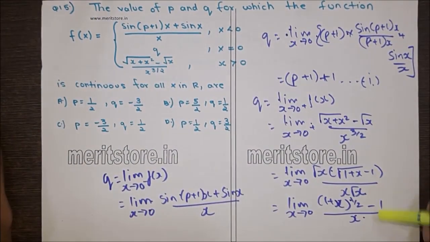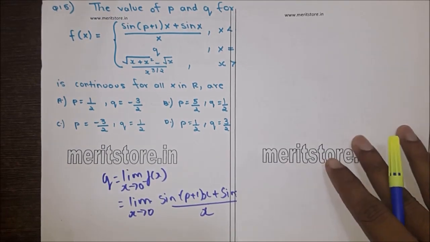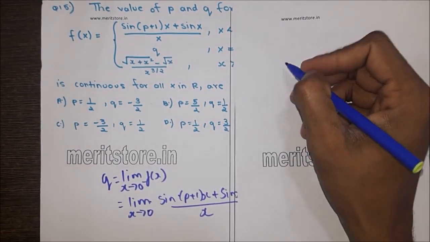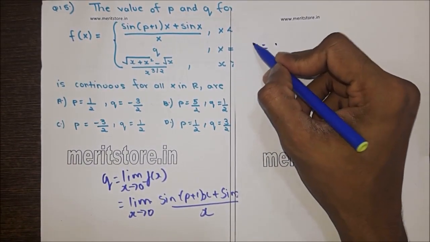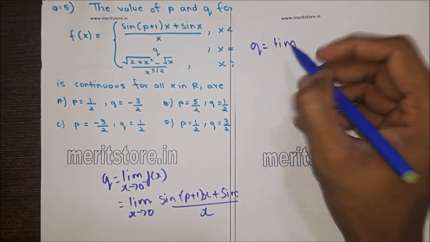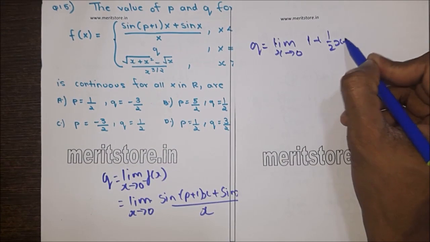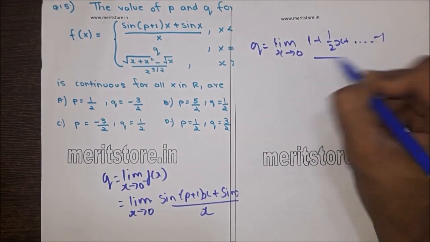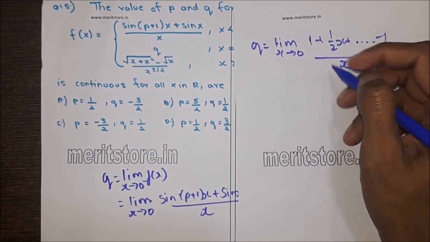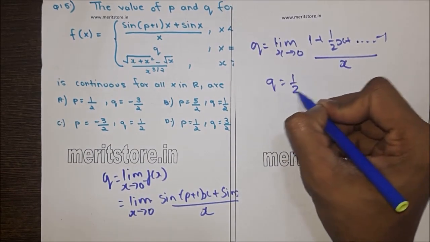We can further solve this: q equals the limit as x approaches 0 of 1 plus half of x plus so on, minus 1 by x, where we get q is equal to 1 by 2.